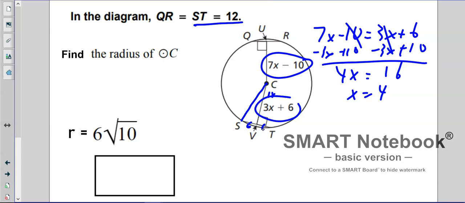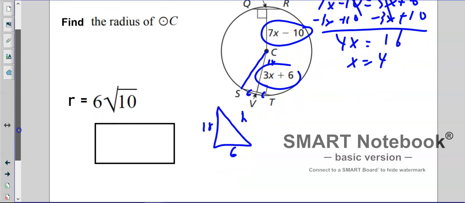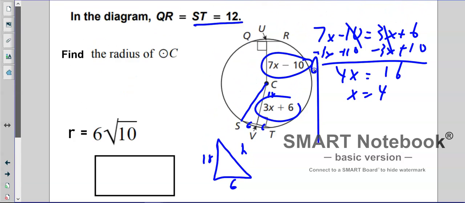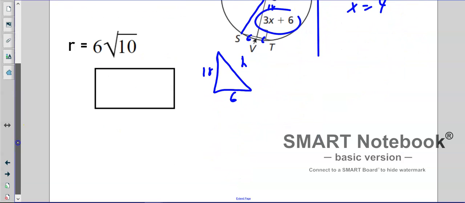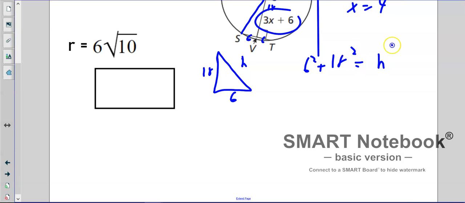So what we have here is a right triangle, and we have this being 6 and this being 18, and we're trying to find the hypotenuse. So we need to do 6 squared plus 18 squared equals c squared, the hypotenuse squared, whatever you want to call it.